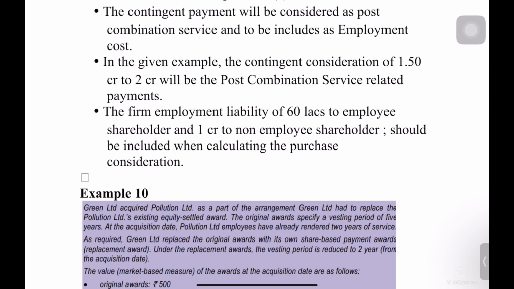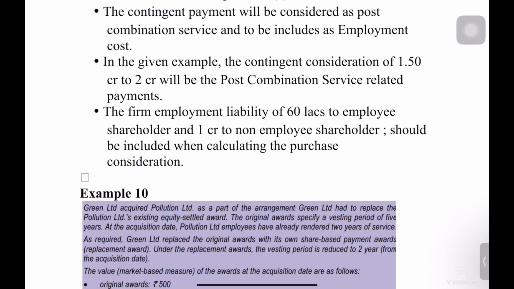The relevant Ind AS para is B55A of Ind AS 103. Here the contingent payment will be considered as post combination service and included as the employment cost. So it should not be included as part of the main business purchase consideration. Any contingent payment based on the employment contract needs to be accounted separately as the employment cost.